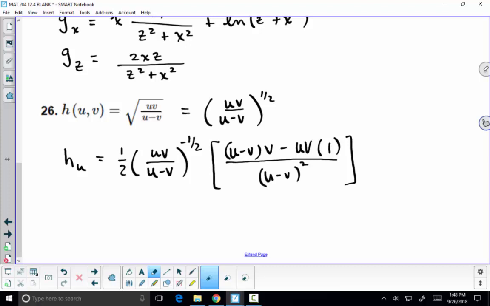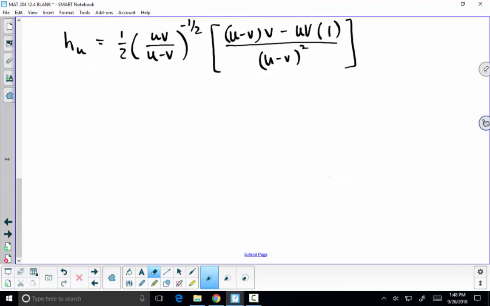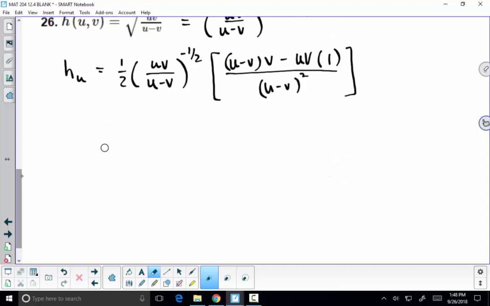There we go. There it is. Okay, so then in the numerator, is there any cancellation up there? It looks like uv is going to cancel. We're going to have minus uv here, but we're going to have a plus uv there. So that will go away.